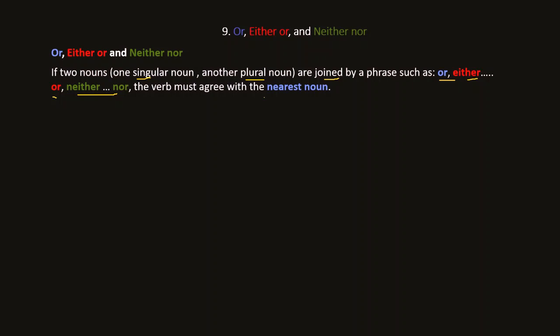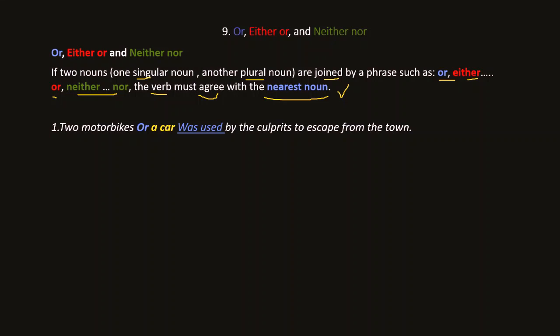Look at the example. Two motorbikes or a car was used by the culprits to escape from the town. In this case, the verb is was used. Why do we use a singular verb? Because the nearest noun is a car. Since the subject car is singular, we use a singular verb was used.